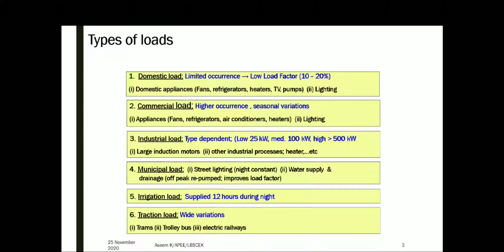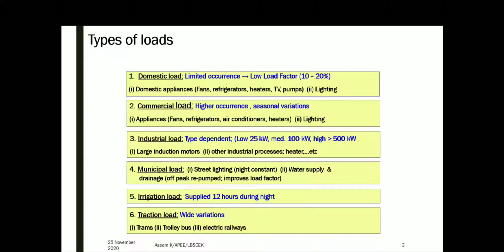Then industrial loads means large induction motors and other industrial processes, heaters, etc. Usually 25 kilowatt is considered low, medium is 100 kilowatt, and high industrial load means greater than 500 kilowatt.